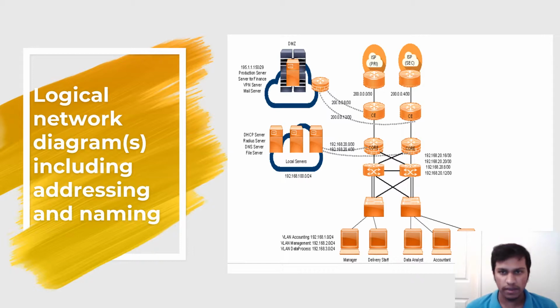Now, this is the main diagram which I would like to explain more clearly.